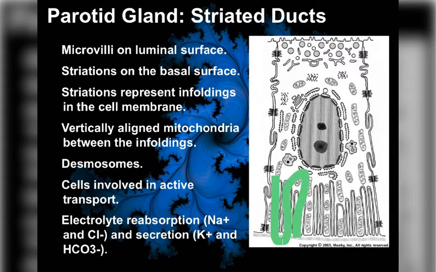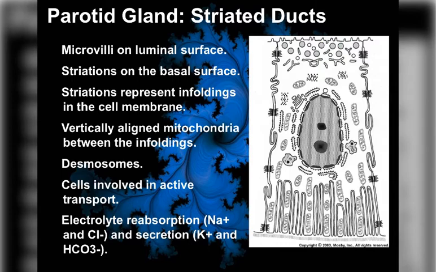We have basal enfoldings. Inside these folds we have lots of mitochondria. Here there is an activity that needs lots of energy. And here is the surface. It has small microvilli.